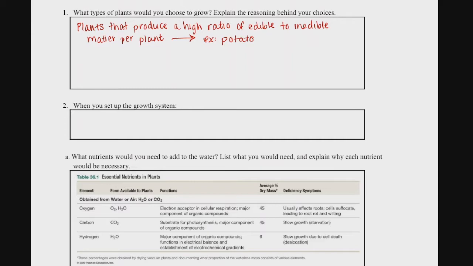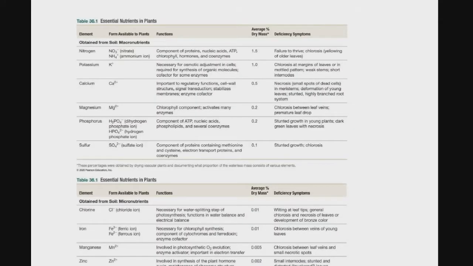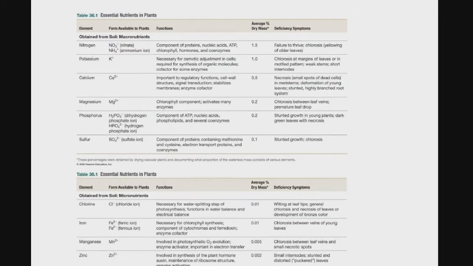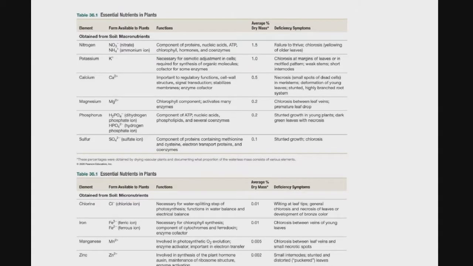The cells would suffocate, and the roots would rot and wilt, effectively killing the plant. Other examples are some other macronutrients like nitrogen. We have discussed a little bit about nitrogen fixation. Legumes are really good for helping the soil replenish its nitrogen supply for plants.